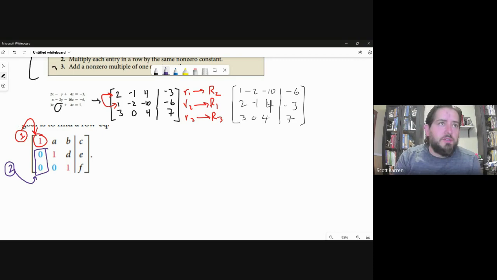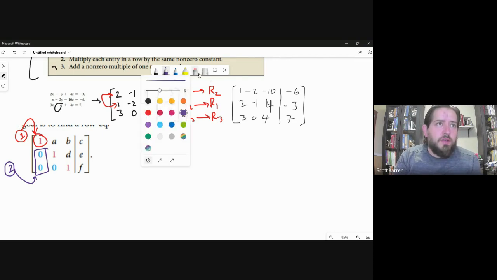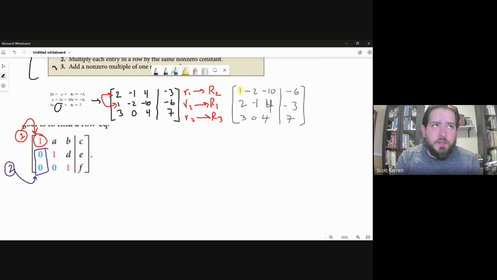And what I'm going to do is take advantage of the fact that I have a 1 sitting right there, right? This is a 1. I'm going to take advantage of that fact by saying each of my rows below it, I'll just take -2 times that row 1 and add it to row 2 and put that into my new row 2.